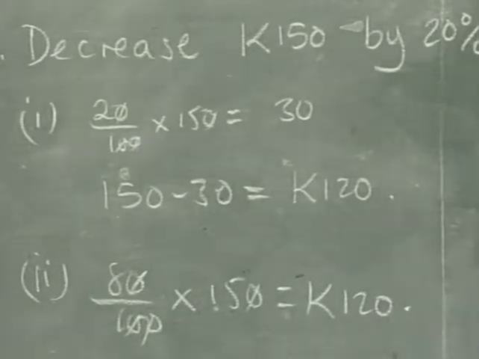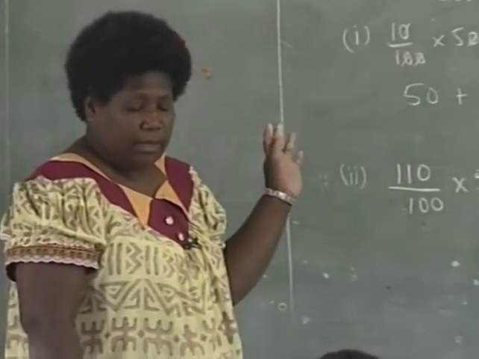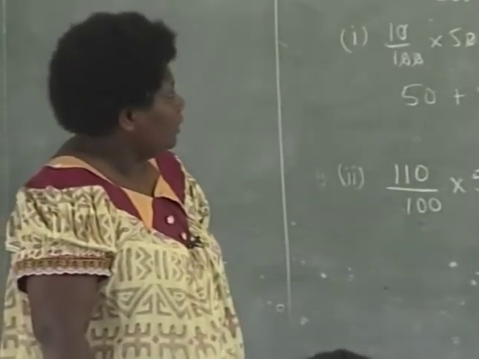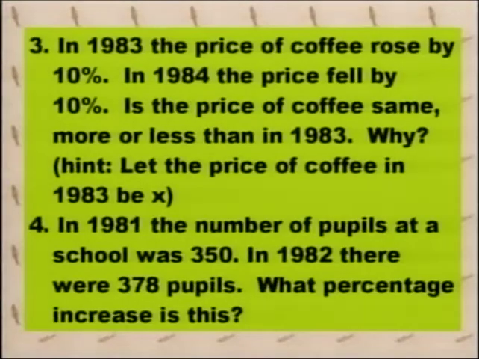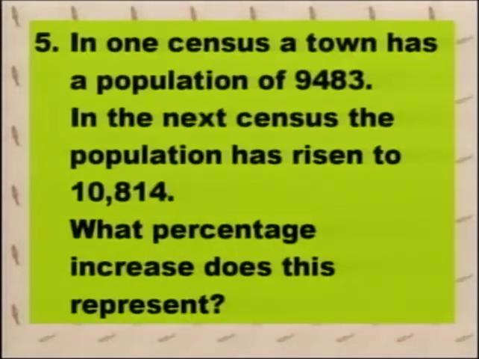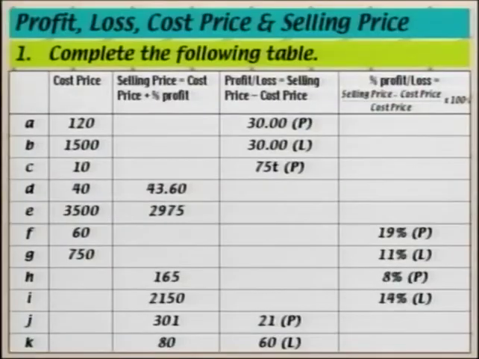Okay, the first exercise that you will do is basically on that, because I will go through the profit and loss, which is basically percentage change, when you've completed questions 1 and 2. There are also question 3 and 4 based on the same idea, and question 5, and then I'll go through what you should do on question 6.